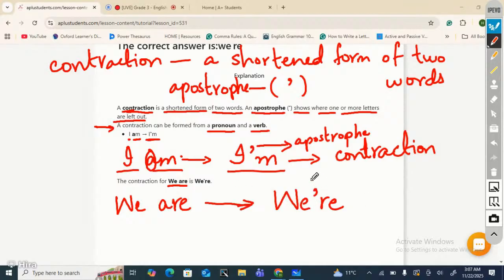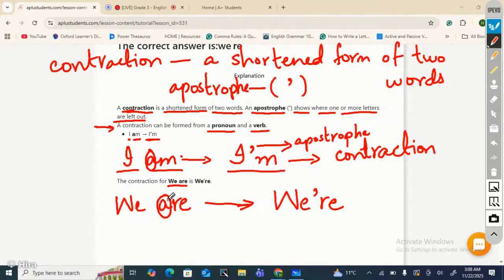Now again, apostrophe is used to form contraction. Apostrophe is used and one letter is left out. Which letter? One letter of the verb.